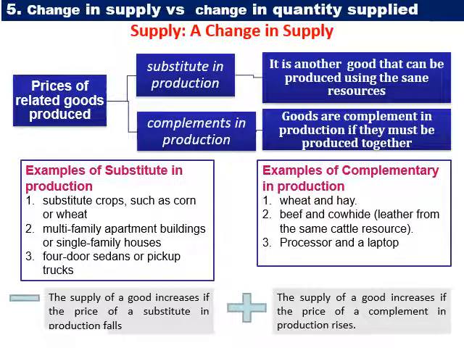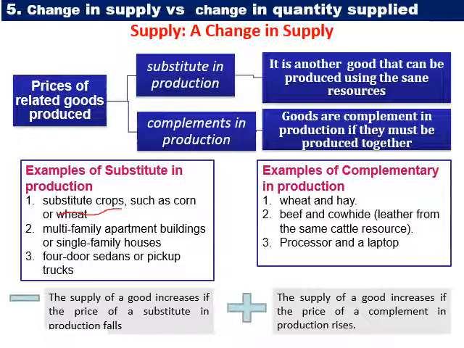And what is the meaning of a substitute in production? It means another good that can be produced using the same resources, such as, for example, if we have a plot of agricultural land, then we can use it to produce many substitute crops, such as corn, wheat, or rice.